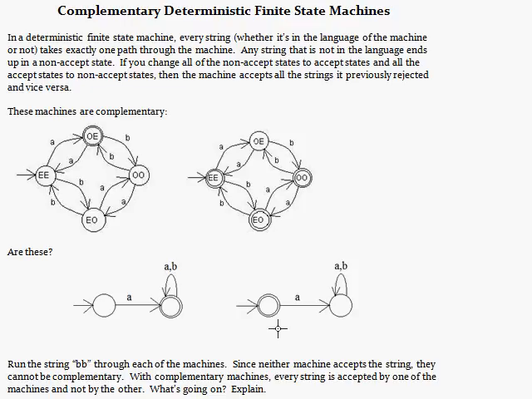However, there's something going on here. I'd like you to think for just a minute about what happens if you run the string B or BB through these machines. If they are truly complementary, then exactly one of those machines will accept that string.